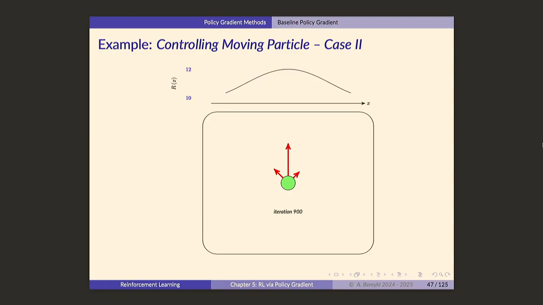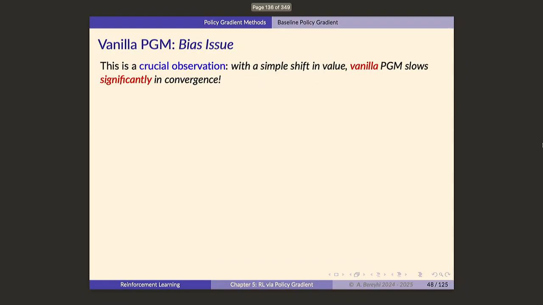So, questions? You see the problem here, right? If I change my rewarding system simply by shifting it, then the REINFORCE algorithm starts to struggle to find the right policy. Now, the question is, what is happening here?